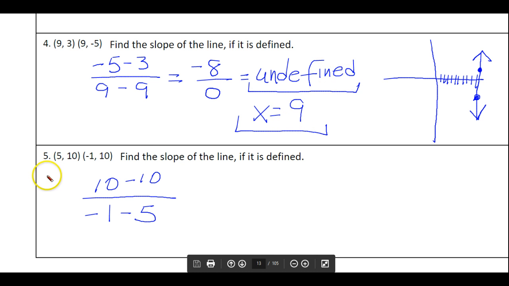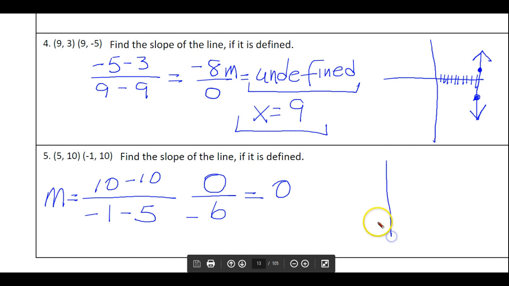Now as we look at example 5, we do it. Here our numerator is 0, and our denominator is -6. So the answer to this one, this is not the answer. This is part of the work. 0 divided by any real number that's not 0 is 0. So here the slope is 0. Here the slope is undefined.